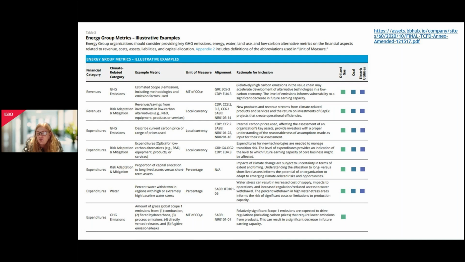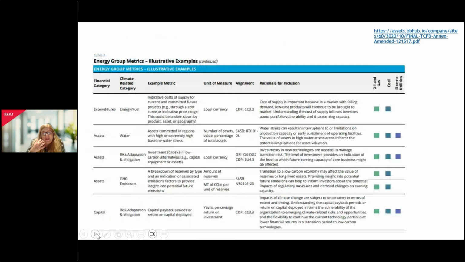So the percentage withdrawn in high water stress areas indicates significant cost or limitations to production capacity. This is a really good example that could be relevant for an energy group or that sector. And it goes on to the next page as well.